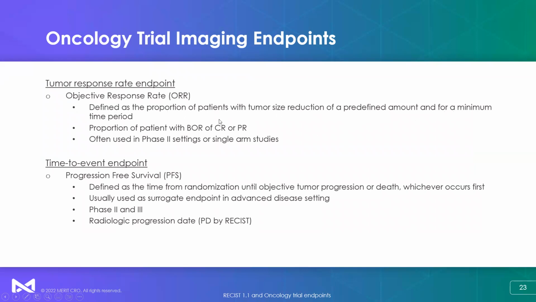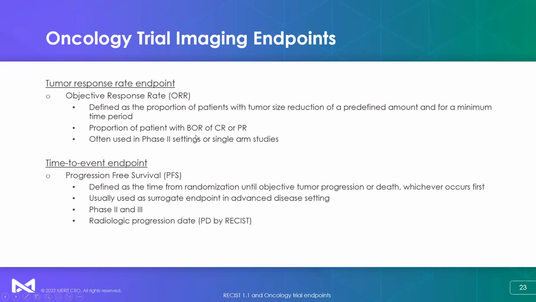So basically, this would be a size reduction defined by RECIST 1.1, and that would be translated into CR, which is all disappearance, or a 30% decrease or more. And basically, the ORR would be the proportion of patients with a CR or PR as the best overall response.